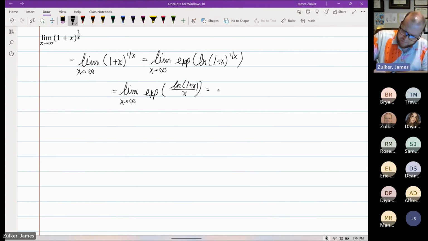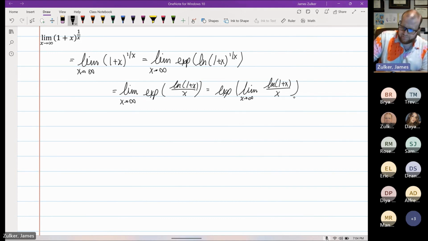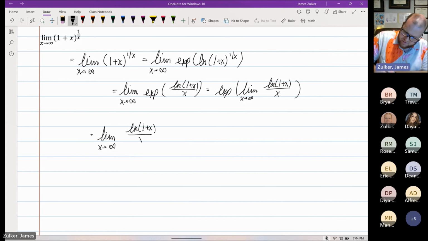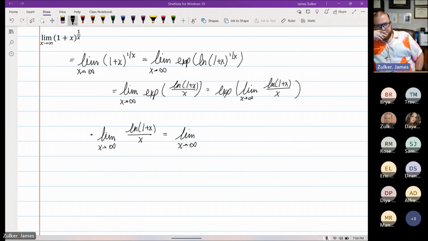We're going to proceed the exact same way, the only difference being we're approaching infinity instead. Plug in infinity, you are going to get infinity over infinity.